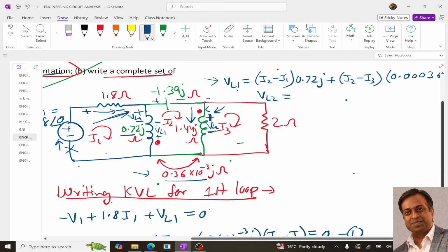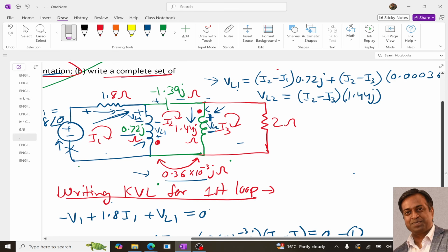So the self inductance term will be I2 minus I1 minus I3, into the impedance 1.44J, right? Then the mutual inductance over here will be due to this inductor, 0.72J.